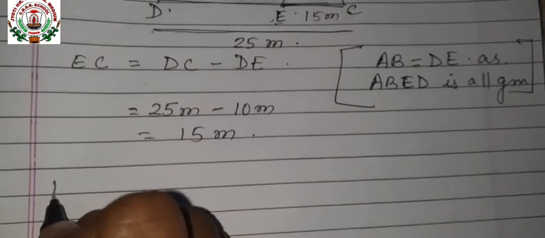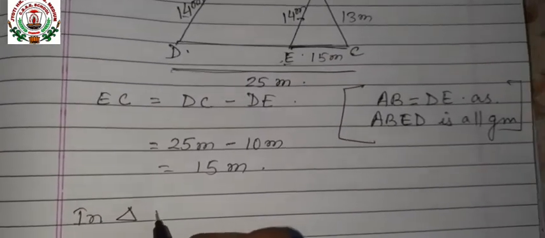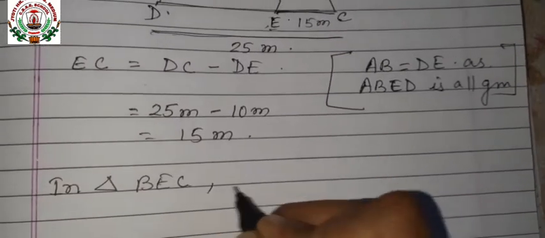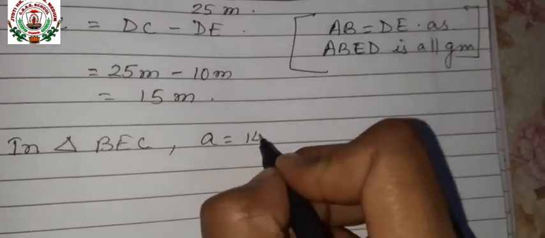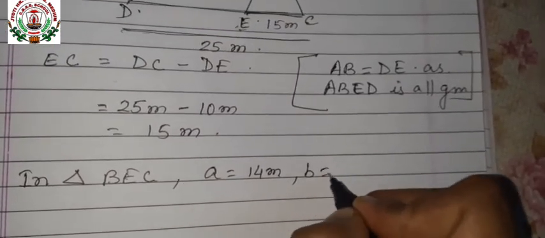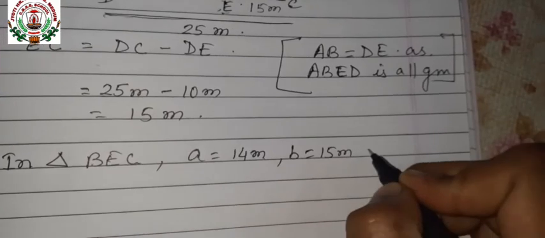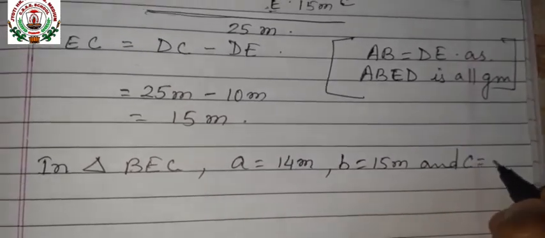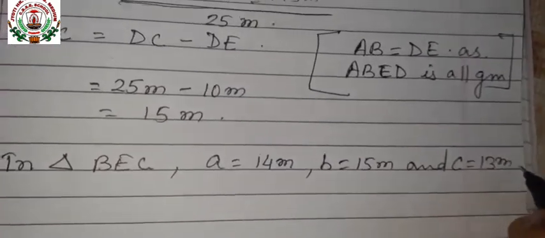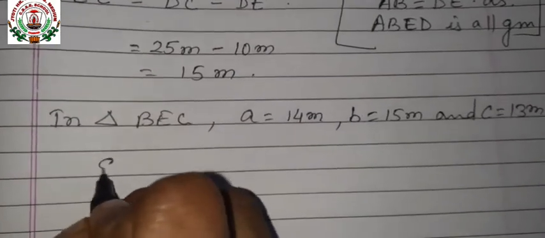So now in triangle BEC, a equals to 14 meter, b equals to 15 meter and c equals to 13 meter. So now S we can find.